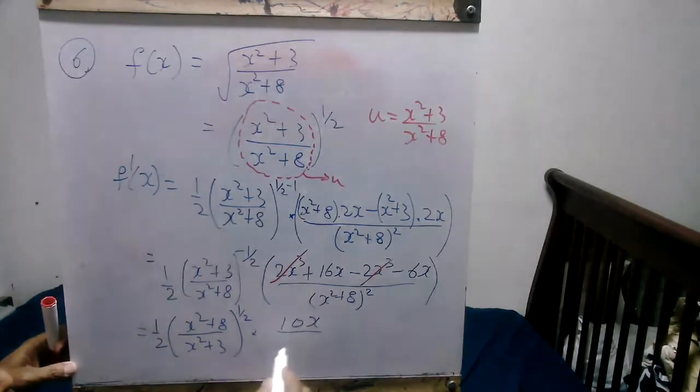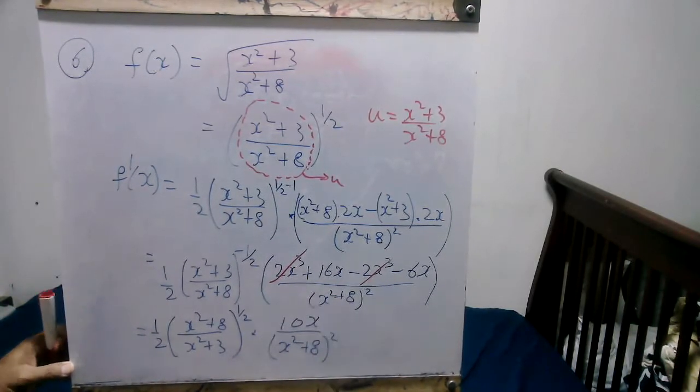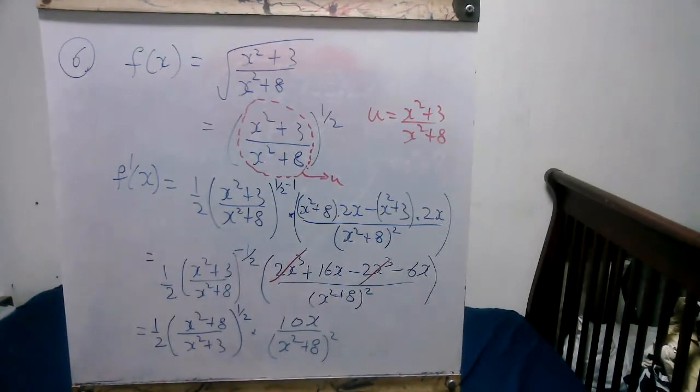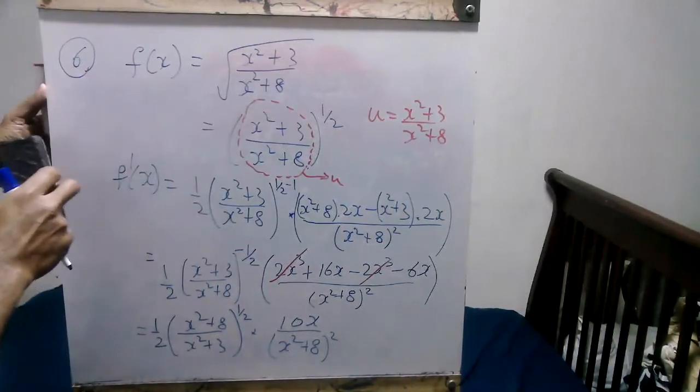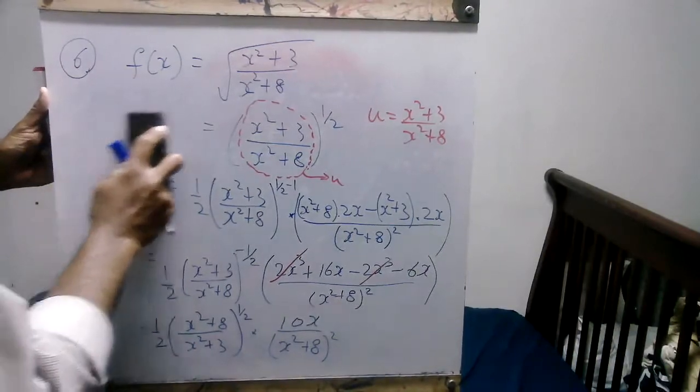x divided by x square plus 8 to the power 2. Then 2 cancels with this 10 and we get 5 times x square. Okay, now I have to erase the top part of this. I'm going to erase this part because I don't have enough space in the bottom.